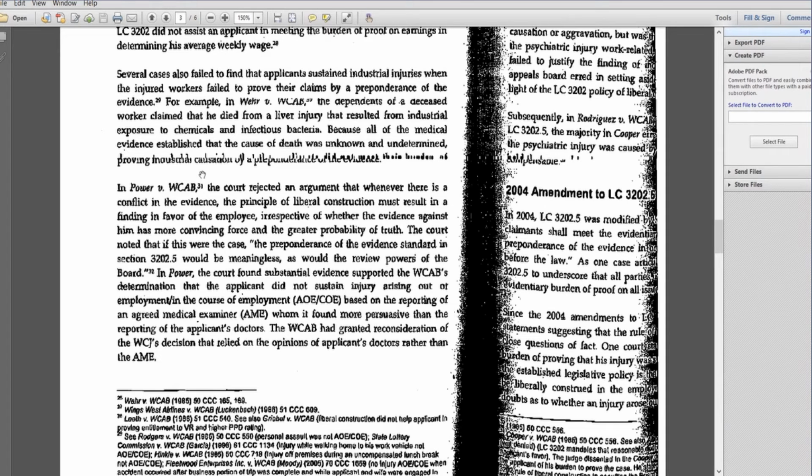So when the evidence does not point towards an industrial injury or does not point toward the favor of the injured worker, that does not mean that we opine for the injured worker. In those cases where the facts are clearly against the injured worker, or the facts clearly do not support the statements or the claims of the injured worker, we are not obligated to opine in favor of the injured worker.